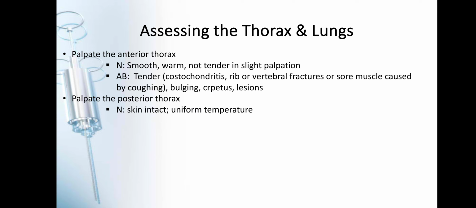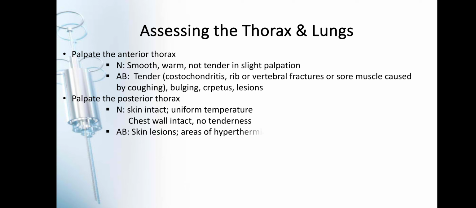So palpate also the posterior thorax, meaning sa likod po. The normal is skin is intact, uniform temperature po coming from the front and the back. The chest wall is intact and no tenderness. Abnormal na findings, we have skin lesions, areas of hyperthermia. Kasi pag meron pong areas of hyperthermia, meaning may part of the body or lung part na siguro merong infection sa loob, that's why increase yung ating body temperature on a certain part.